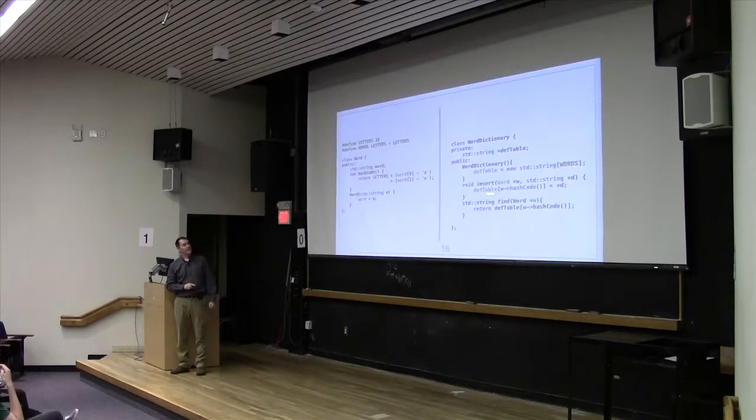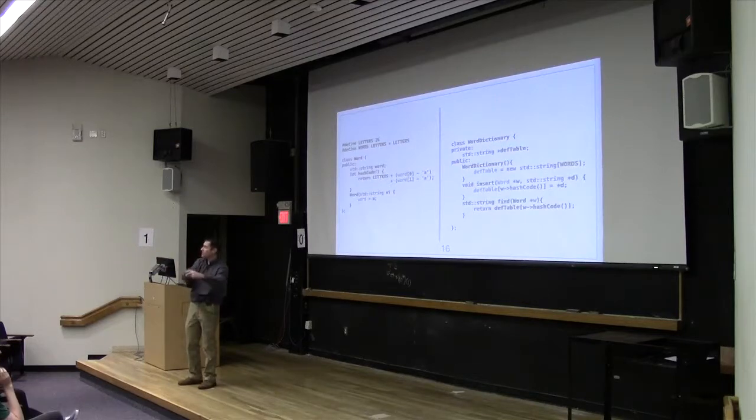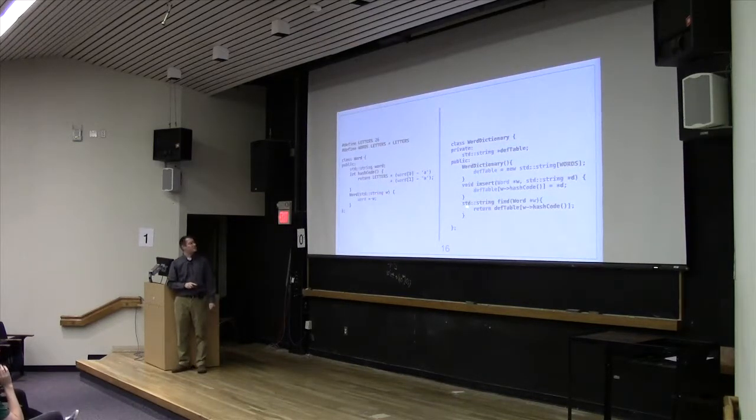And then we're going to take in that table, we're going to set the appropriate word location to be the hash code that we want. So in other words, whatever the hash code is, we stick it in the array at the right place. End of story. Okay?